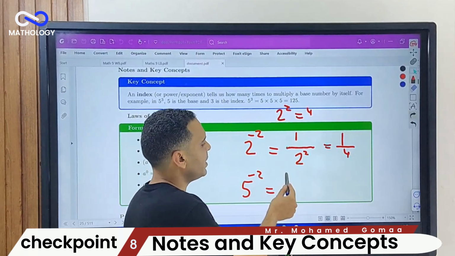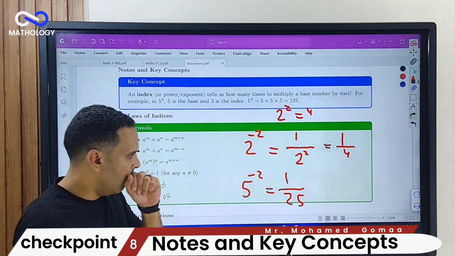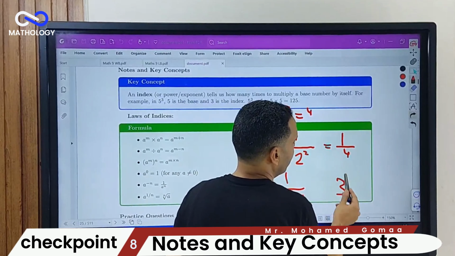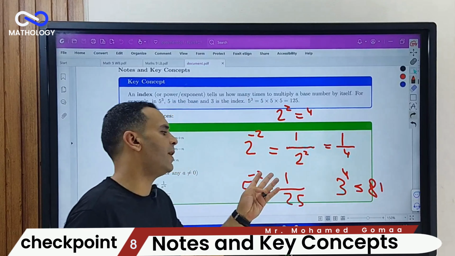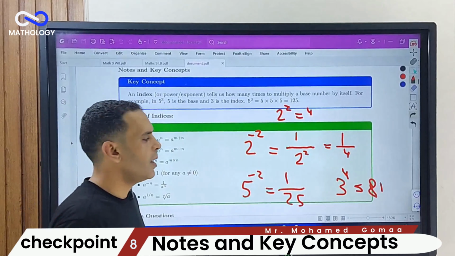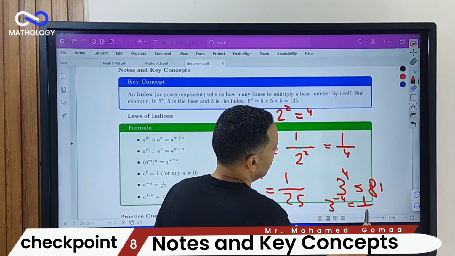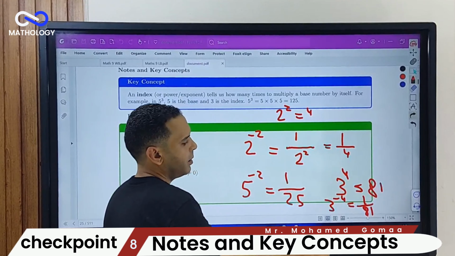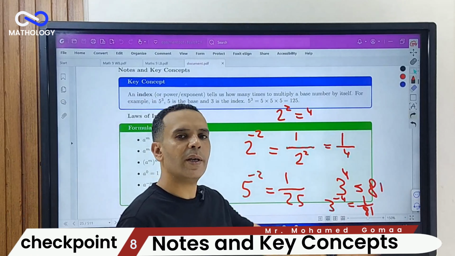The negative power means 1 over. It will be 1 over 25. 3 power 4 equals 81, 3 times 3 times 3 times 3. But 3 power negative 4 equals 1 over 81. You have a negative power, so you have to put 1 over 81.